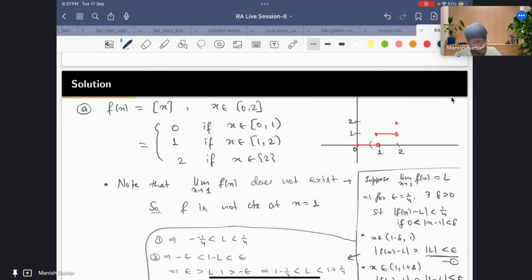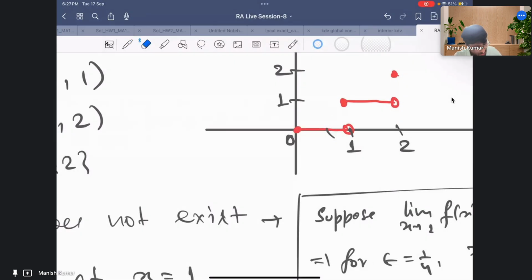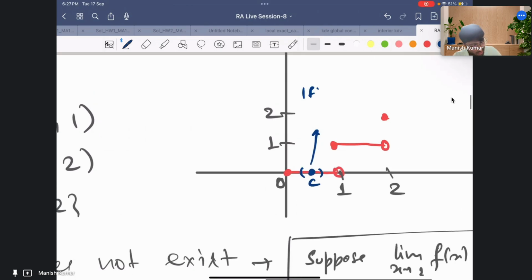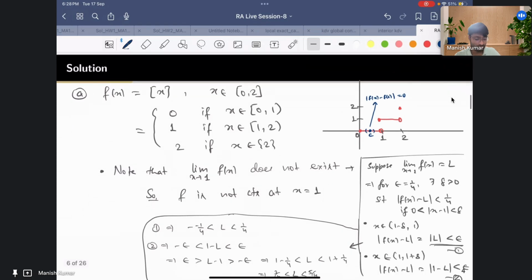So suppose I choose this point, then in this neighborhood this function is constant. So if I evaluate f(x) minus f(c), then I am getting 0, because the function is constant, correct? So for each c which is not equal to 1 and not equal to 2, this difference is going to be 0.